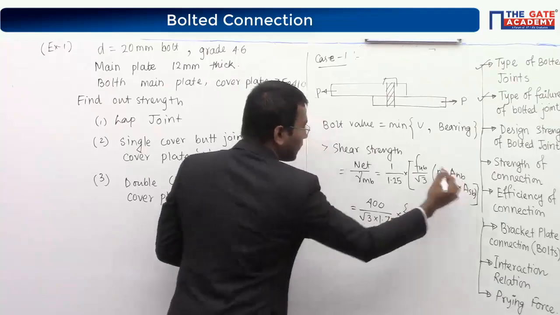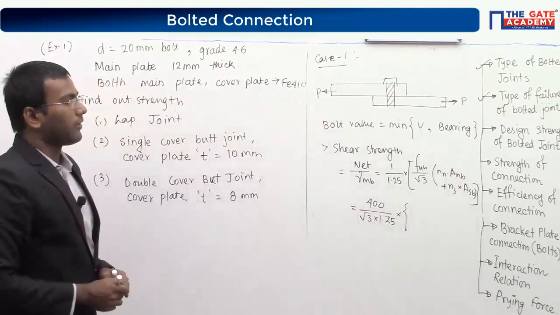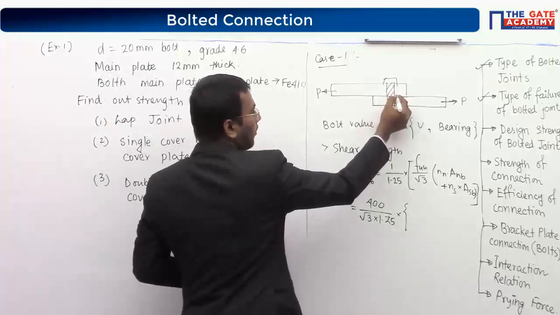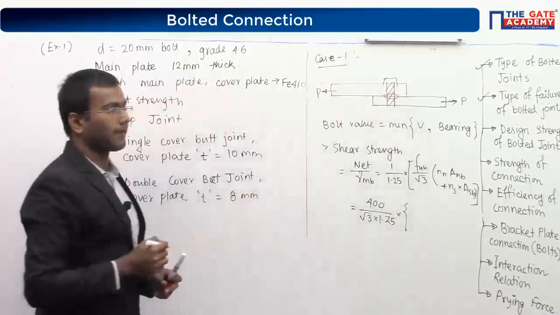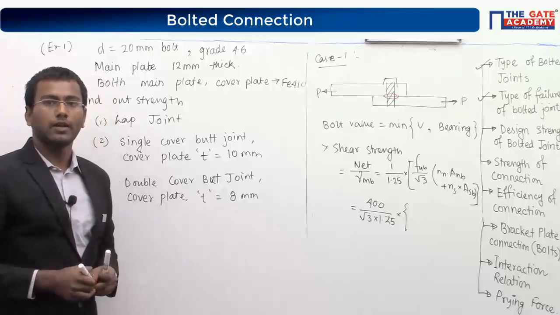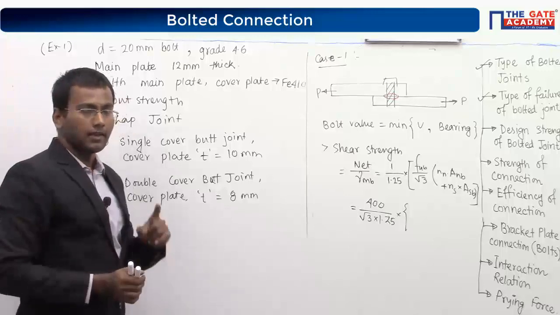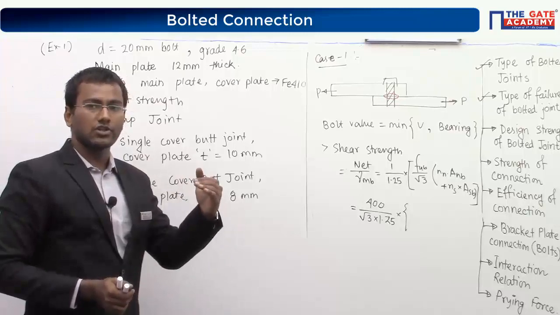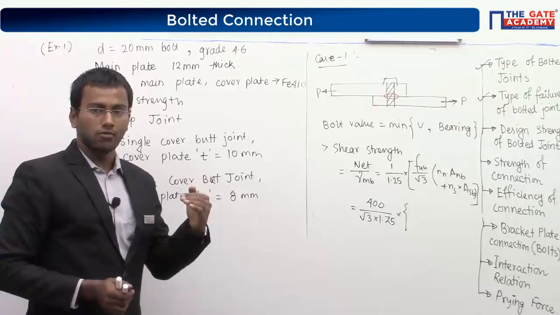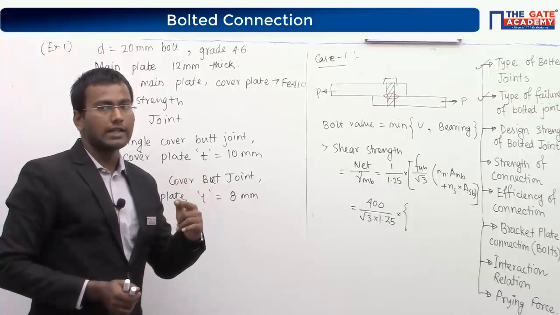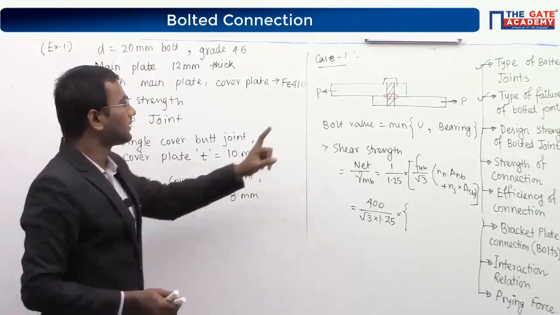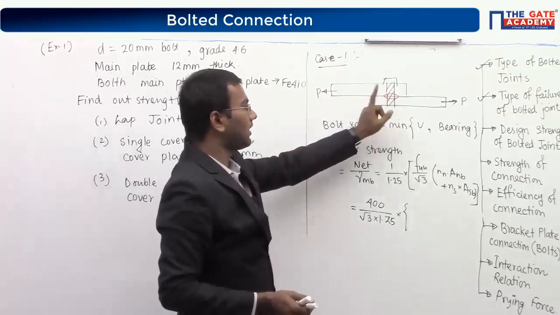Now when we are considering the lap joint, only one shear plane is present. There is no mention in the question whether the shear plane lies on the shank or thread. So I will assume the lesser area, meaning the shear plane acts at the thread.